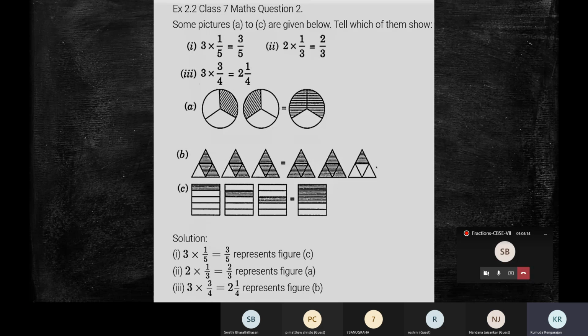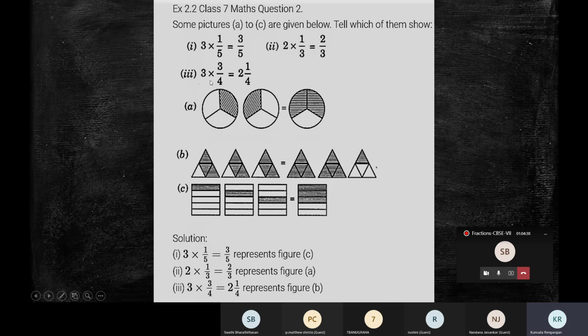Denominators: 1 into 5 is 5. So 3 by 5 is the answer. See here also, 2 into 1 by 3 is 2 by 3 because 2 means 2 by 1. Here also 3 means 3 by 1.